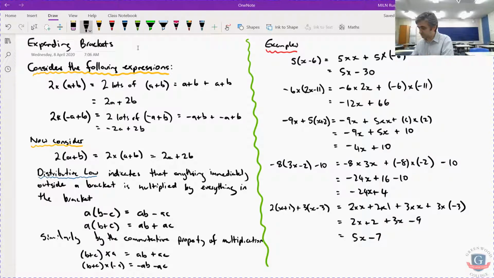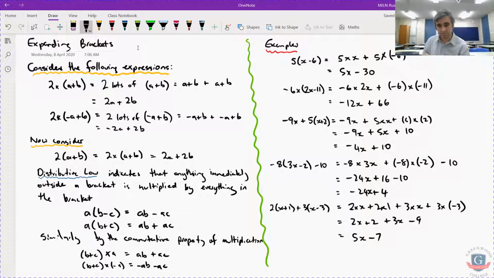I will just check those answers because I hate putting stuff up here that I've done wrong. Expanding brackets. Where's my expanding brackets chapter? Expanding single brackets. 5x takes 7.